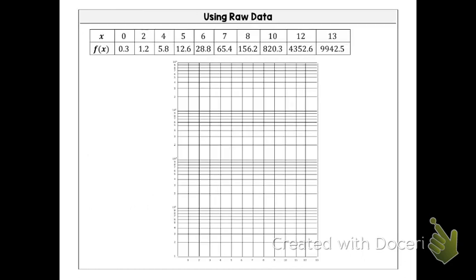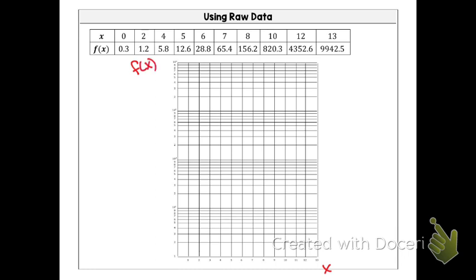So we're going to graph these points. All right, so we've got the point with 0 and 0.3, which I can't do on here. Let me label real quick. This is going to be my x, and these over here are going to be my f of x.